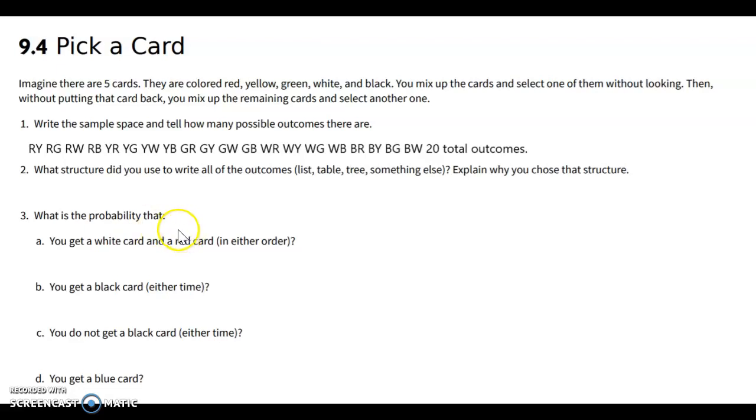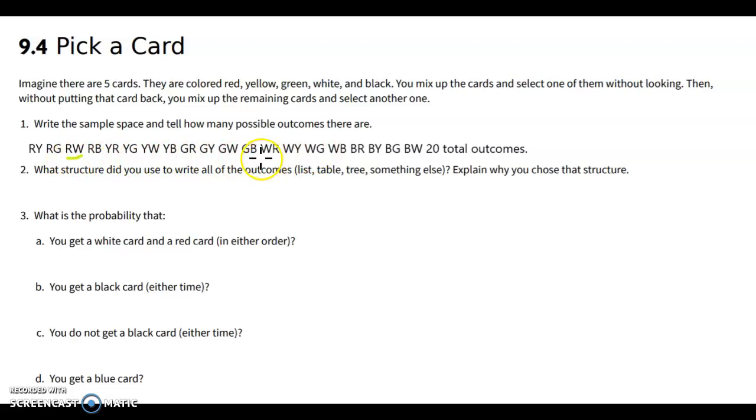Alright, what is the probability that you get a white card and a red card in either order? Okay, so let's look. Which ones have white and yellow? Or I'm sorry, white and red. Well, here's one, right? Is there another one in here?